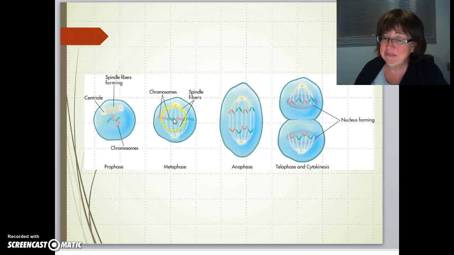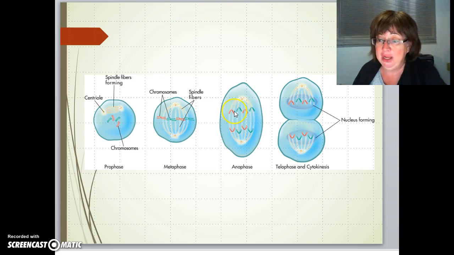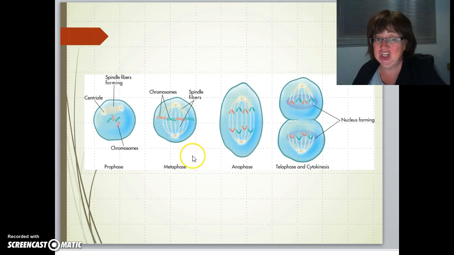Next is metaphase. In metaphase, the chromosomes are in the middle. In anaphase, the chromosomes, which were paired up, are now being pulled away. Telophase is when they come together to form a new nucleus. And cytokinesis is the division of the cytoplasm.